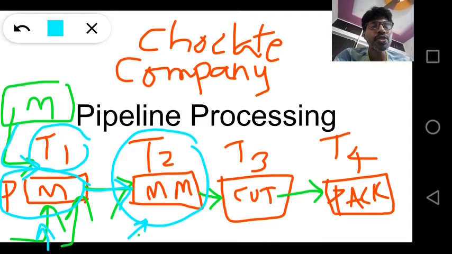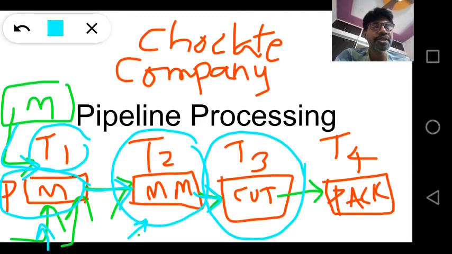Now the moment T2 completes its process, it handovers it to T3. When T3 is cutting the chocolates, cutting the pieces, T2 is busy with mixing of the next material. Likewise, T1 is busy with preparing material.